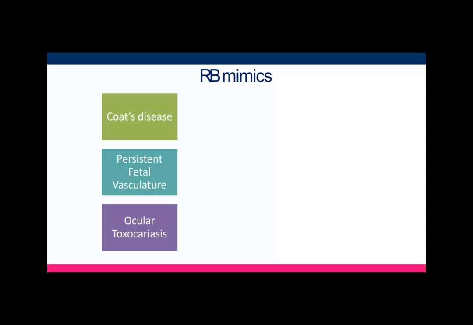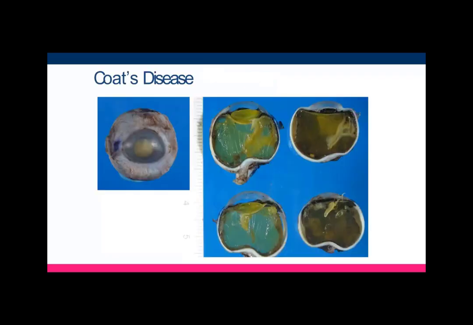Well, these are the typical ones that are found in most textbooks. We don't get enucleations for the last 2, but sometimes a Coats disease comes out. Coats disease is the most common mimic. It's a vascular anomaly characterized by abnormal retinal vessels that leak exudate, causing retinal detachment.